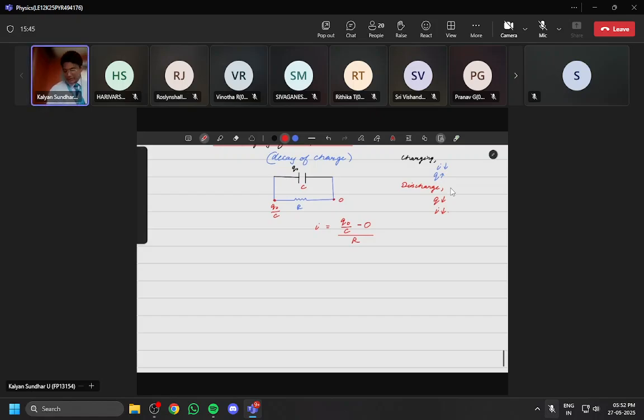So when will it be maximum? From here we know I naught is nothing but the maximum current. When I have not given any external circuit, I naught is the maximum current, Q naught by RC. So this will be your maximum current.